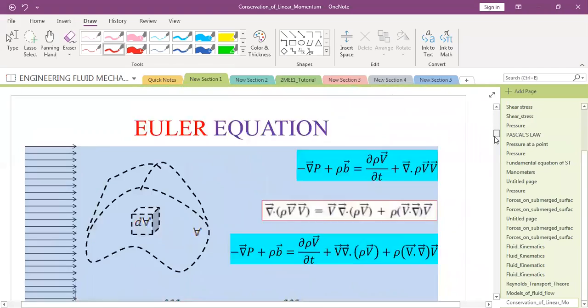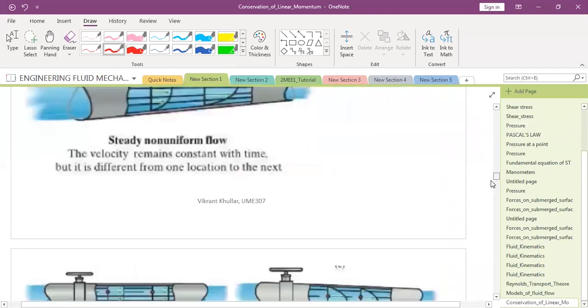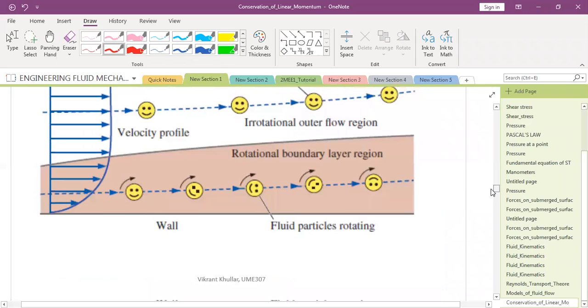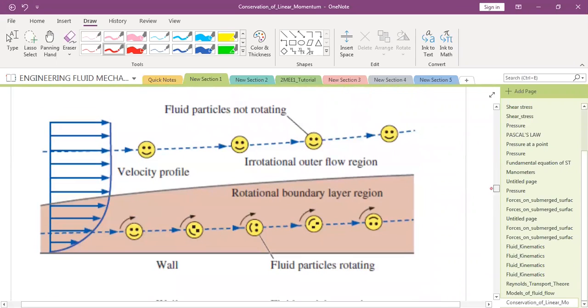Likewise, again I am showing you, this is the layer in which fluid is changing velocity. And if you look at the fluid, this fluid will be undergoing rotation.